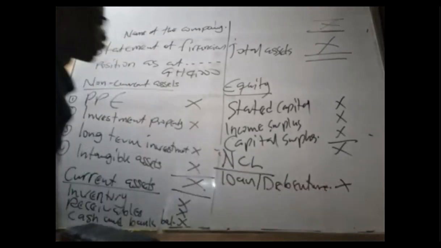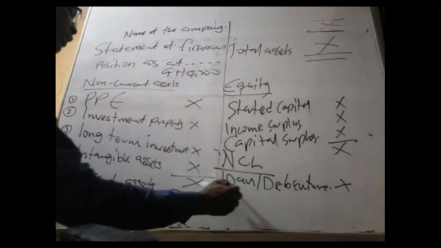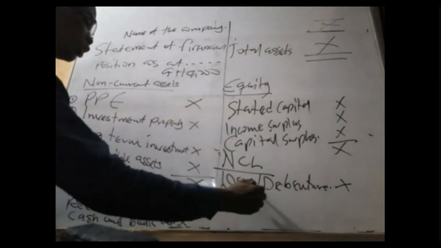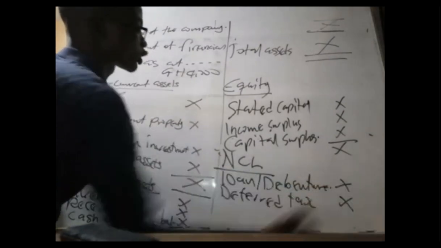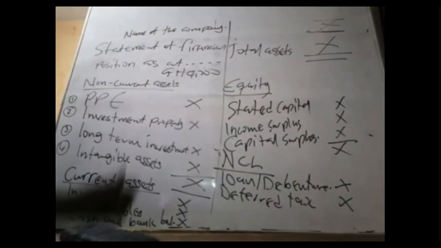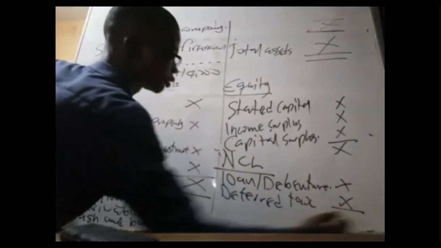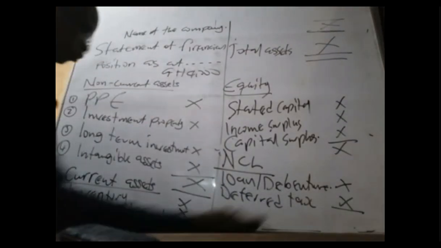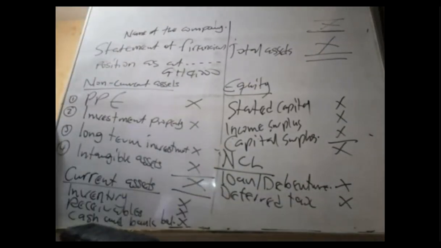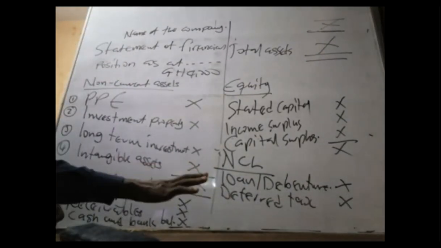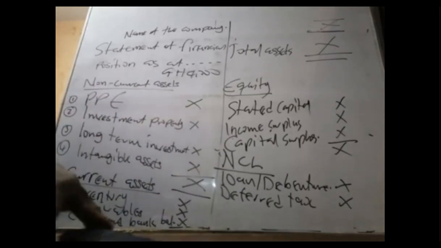So much. Another example of non-current liability is what? Deferred tax. So much. That is all. Go to current liabilities.